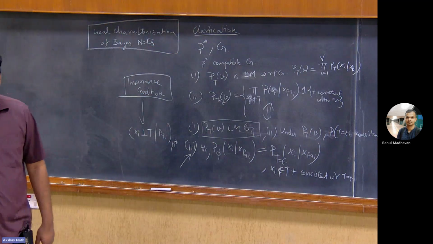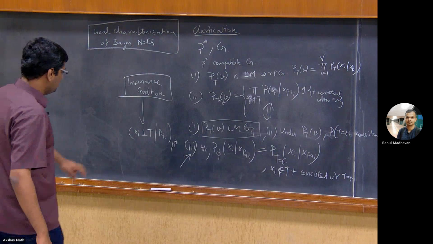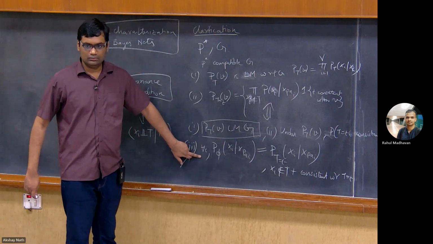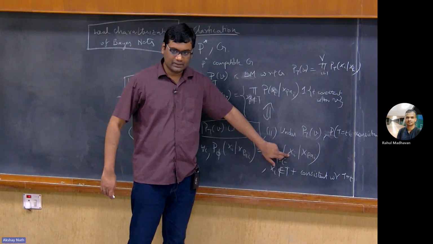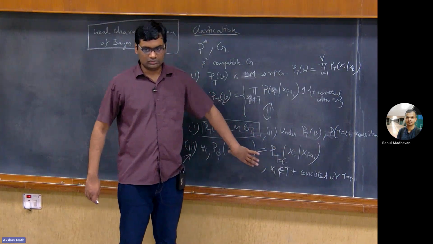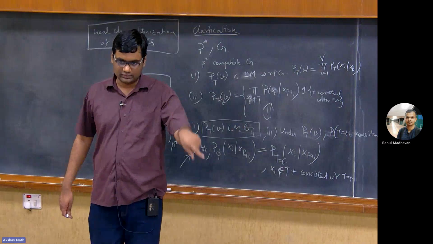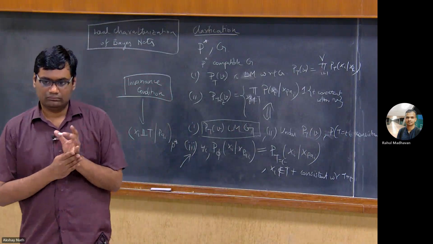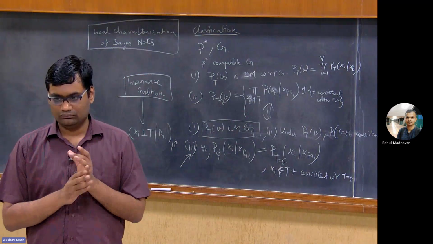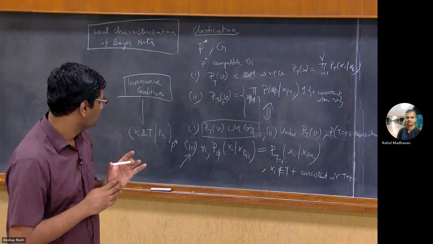Okay. So what was the invariance condition? This is the invariance. For any interventional set which does not disturb X_i, the conditional distribution should remain the same. Only those conditional distributions. Okay. But now, invariance condition does not uniquely define the graph.